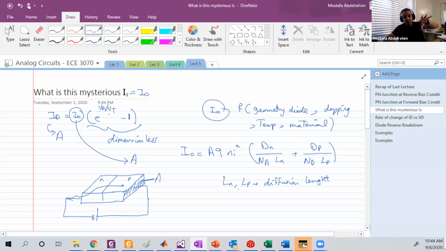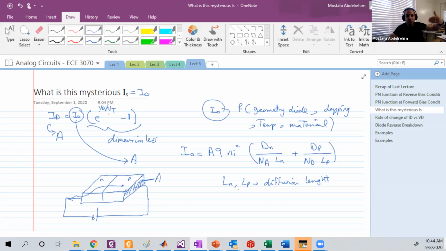Some of the electrons will not make it to the wires of the battery and will recombine with holes inside the diode. The average length they move before recombination is called Ln or Lp.